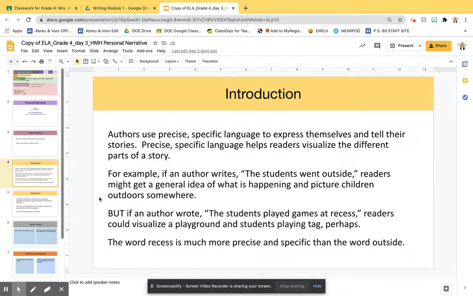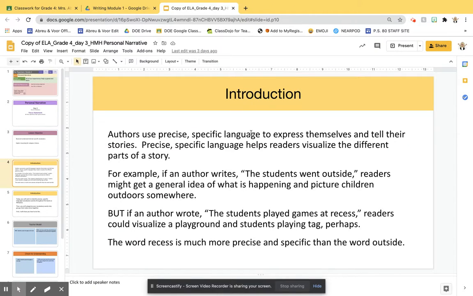I'll explain. So, authors use precise, and when we say precise, we mean specific language to express themselves and tell their stories. Precise, specific language helps readers visualize or imagine the different parts of a story. For example, if an author writes, "The students went outside," readers might get a general idea of what is happening and picture children outdoors somewhere.